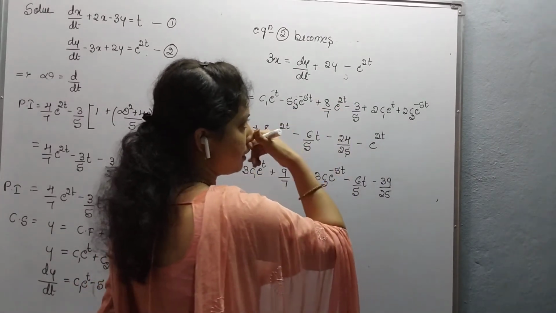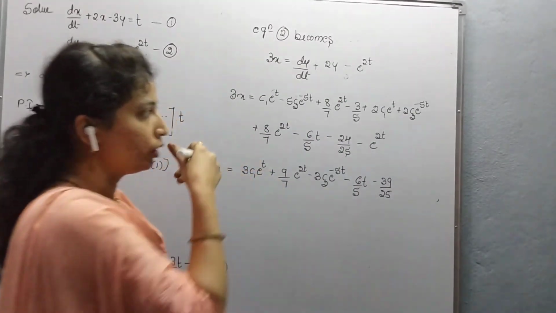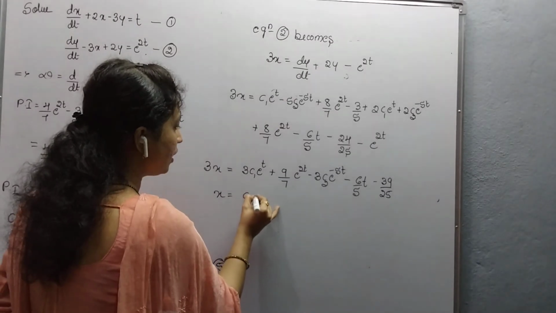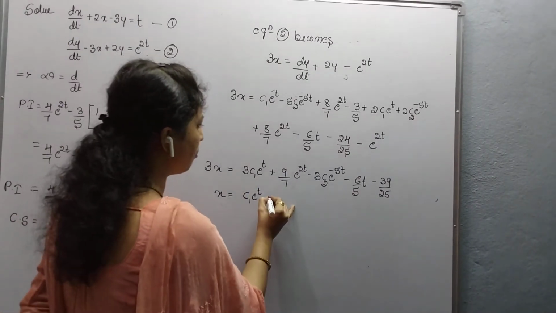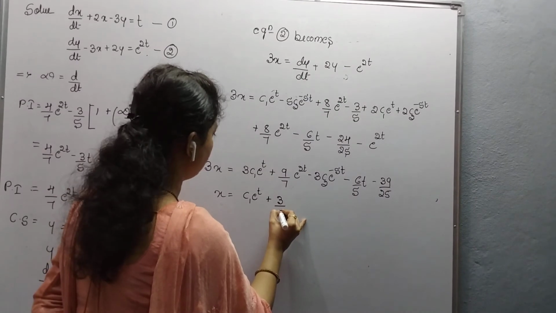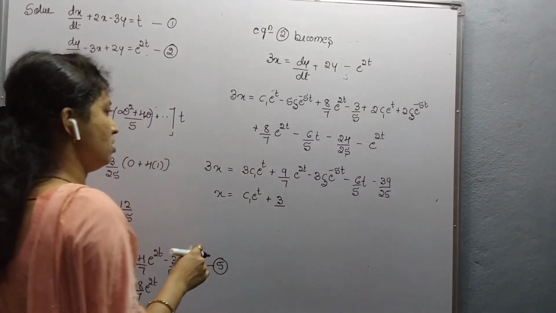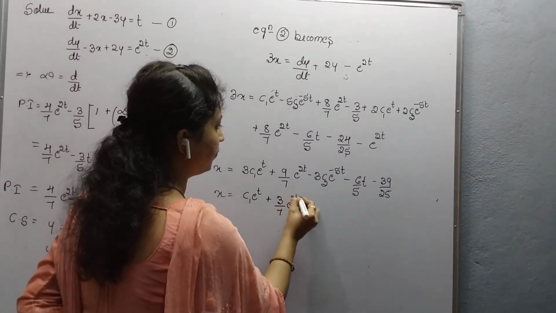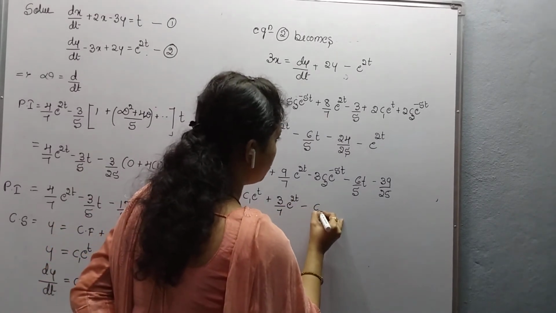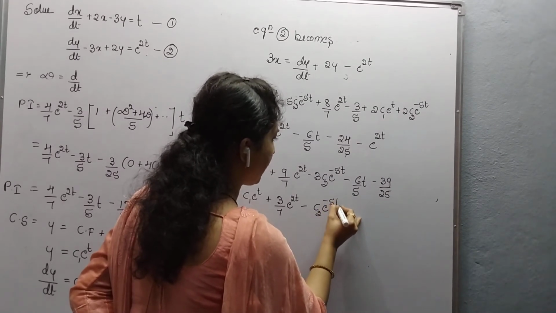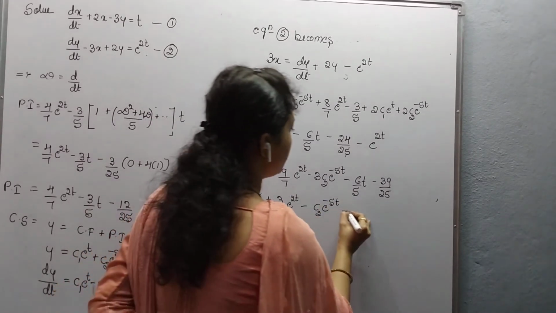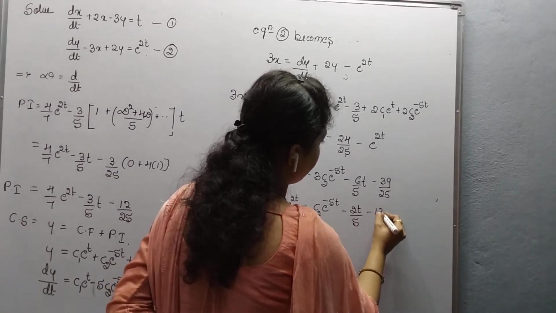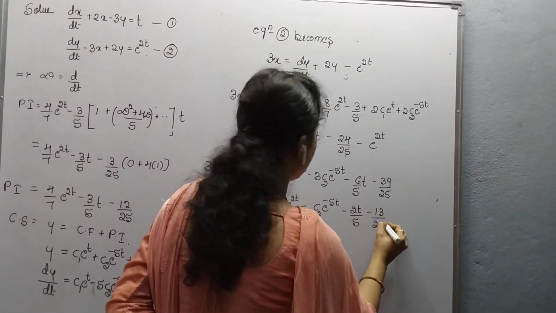So 3 5s are 15, 15 minus 24, that is minus 39 divided by 25. So x is equal to c1 e raised to t plus 3 by 7 e raised to 2t and minus c2 e raised to minus 5t minus 2t divided by 5, and here it is minus 13 divided by 25.